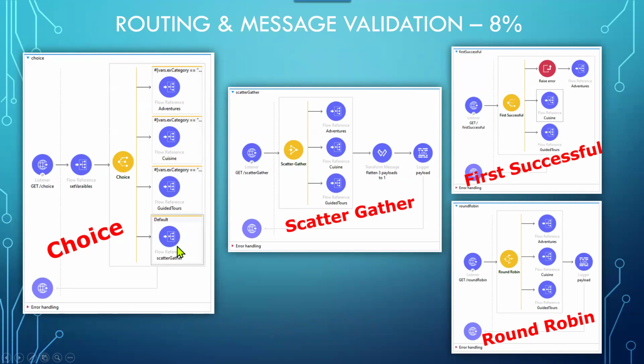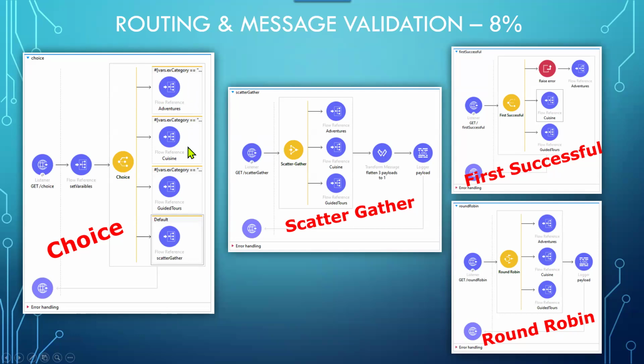We only show one processor in each of the routes, but you can have multiple processors here. You could actually do some logic in the choice router if you wanted to. Generally speaking, though, we do a flow reference to another flow, and that allows us to manage the logic elsewhere. Kind of a good thing to do.